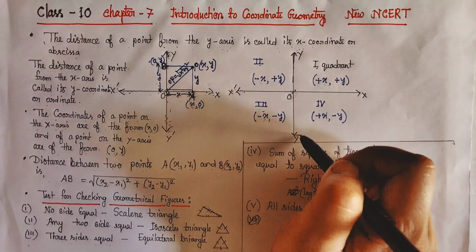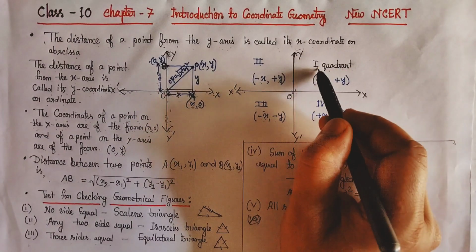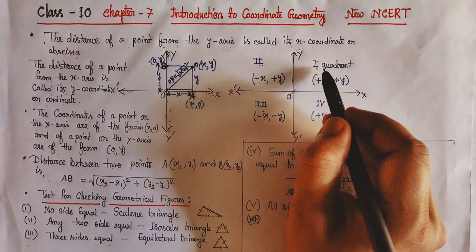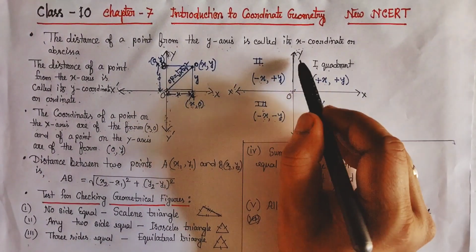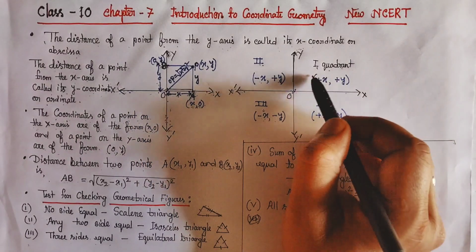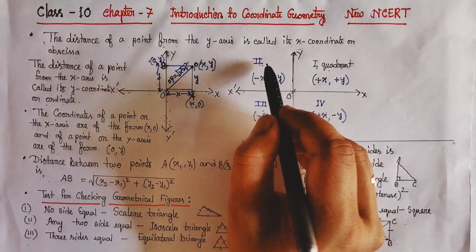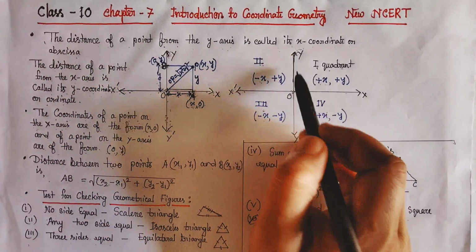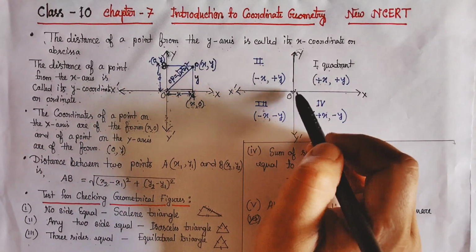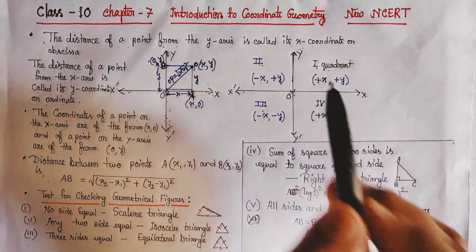The axes divide a plane into 4 quadrants. So here are the first quadrant, second quadrant, third quadrant and fourth quadrant. In the first quadrant, positive x-axis and positive y-axis, so its coordinates will be (+x, +y). Again in the second quadrant, negative x-axis and positive y-axis, so its coordinates are (-x, +y).